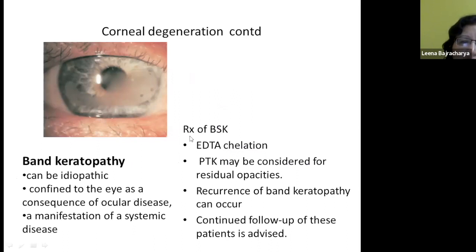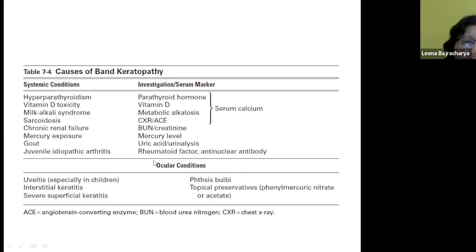We can do treatment by EDTA, ethylenediaminetetraacetic acid chelation, or PTK, or superficial keratectomy. Recurrence is common, so follow-up is important. It can cause pain after erosion of the epithelium.